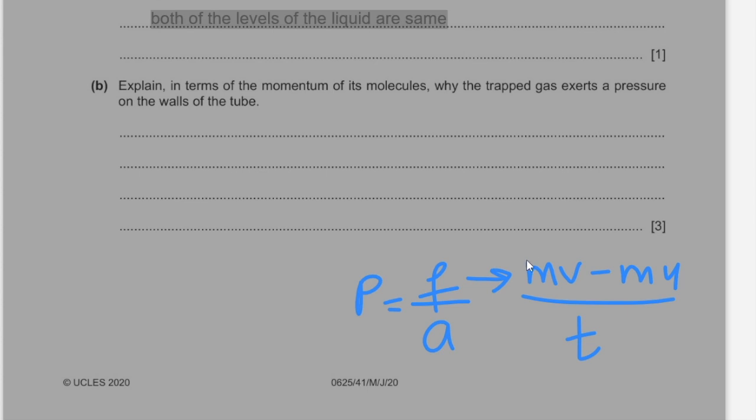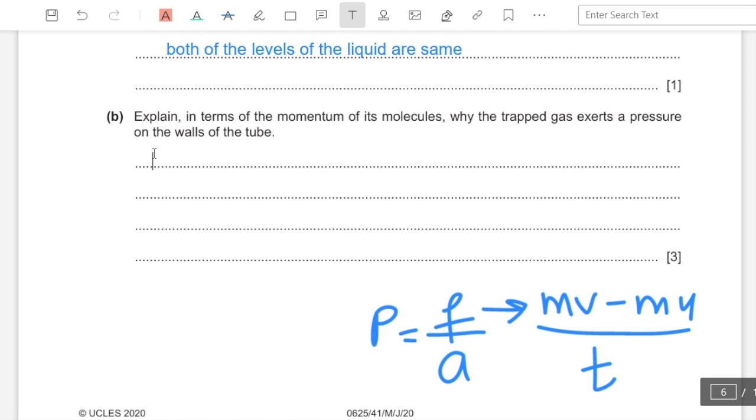So you're supposed to be starting with the explanation of change in momentum, which causes change in force, which exerts pressure on the walls of the container. The first given statement should always be that molecules collide with the walls of the containers. And then, due to this collision, their velocity changes, which also results in the change of momentum.